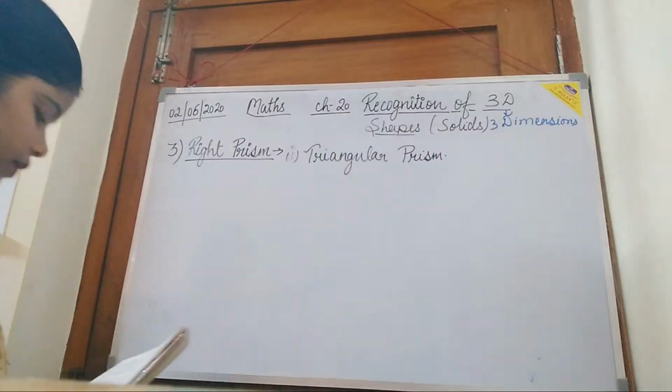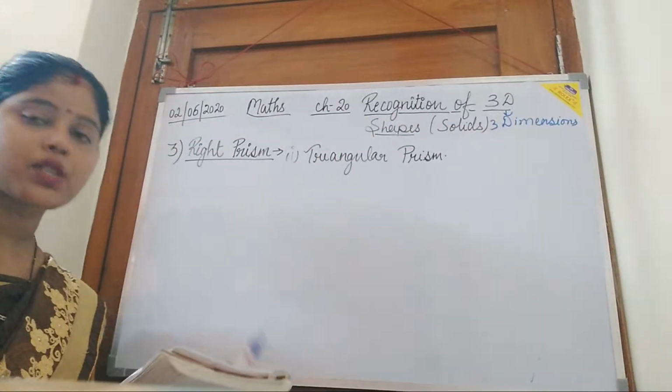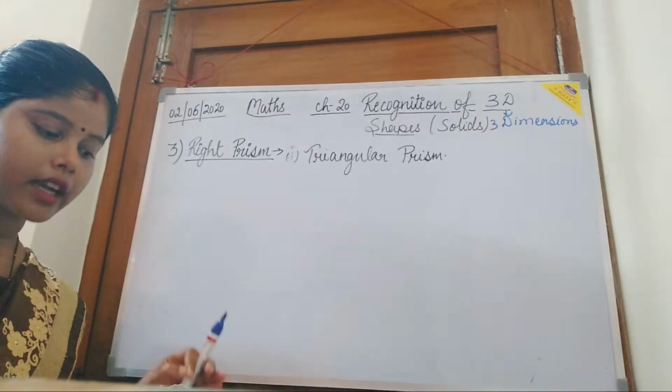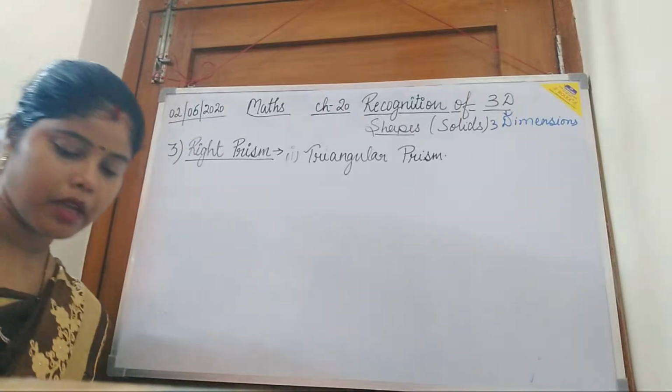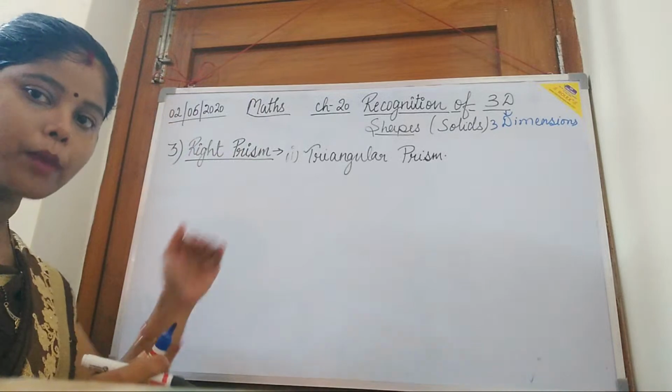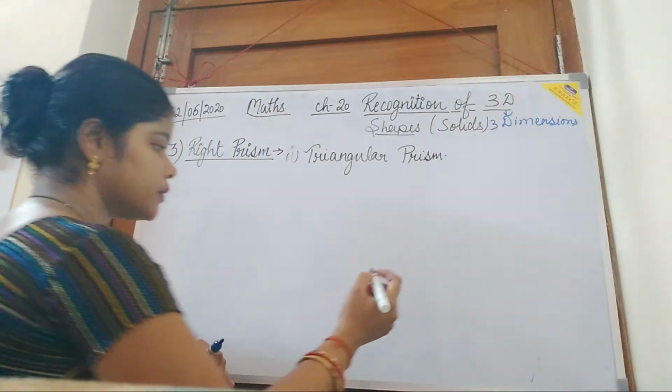A solid which has two identical and parallel top and bottom faces and other rectangular faces is called a right prism.